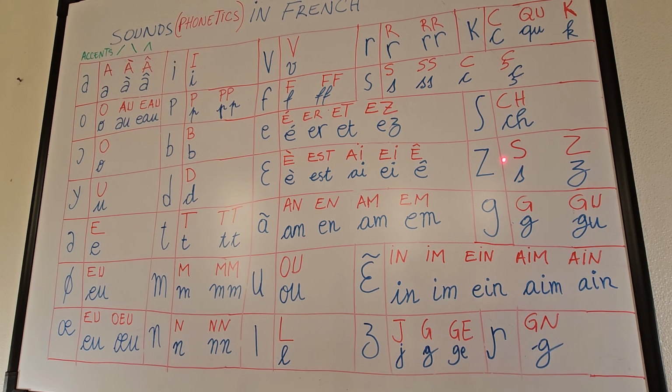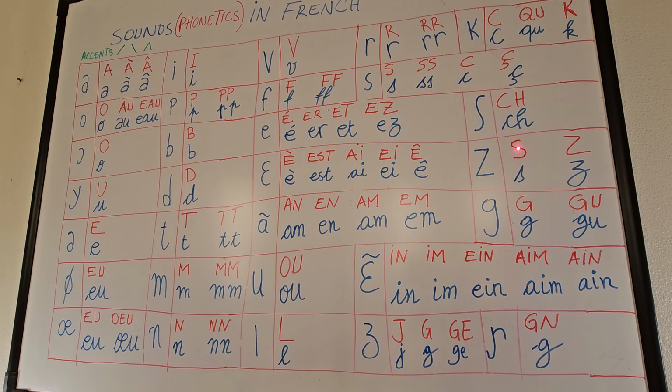Okay, now the sound z. There are 2 different spellings of the sound z. If you write S on this one, sometimes it will sound z. Here for example, if you say la chemise, which is like a shirt, you will see S at the end, se, chemise.